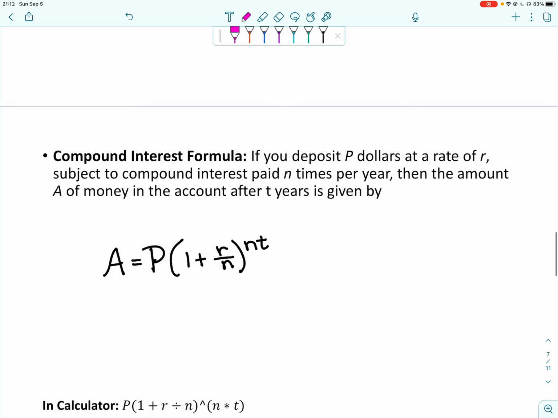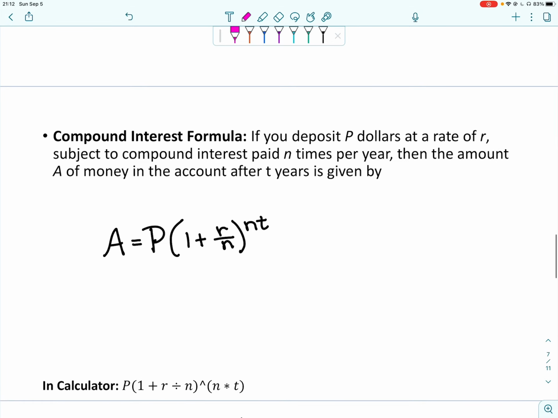So the compound interest formula says if you deposit P dollars at a rate of R, subject to compound interest paid N times per year, then the amount of money A in the account after T years is given by A equals P times (1 plus R over N) to the NT power.